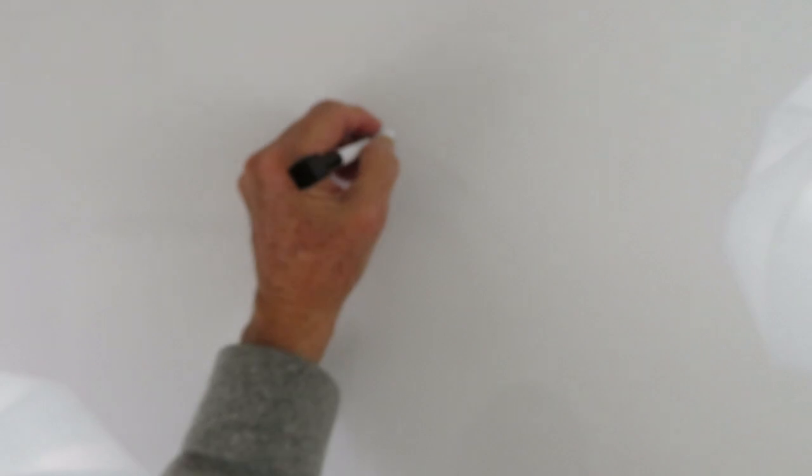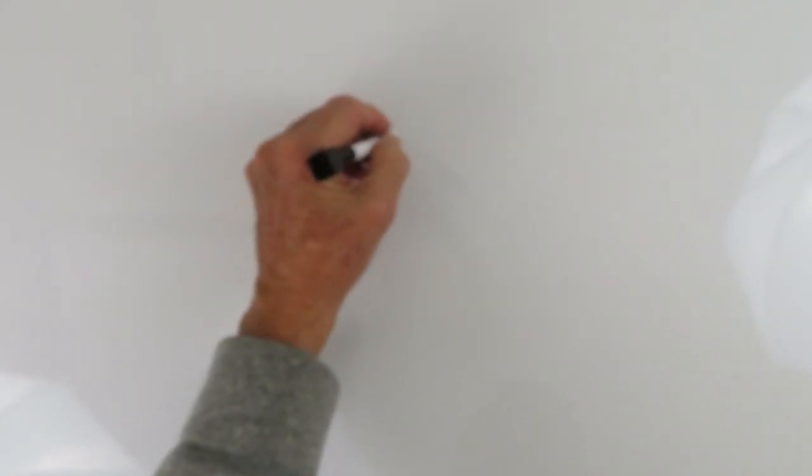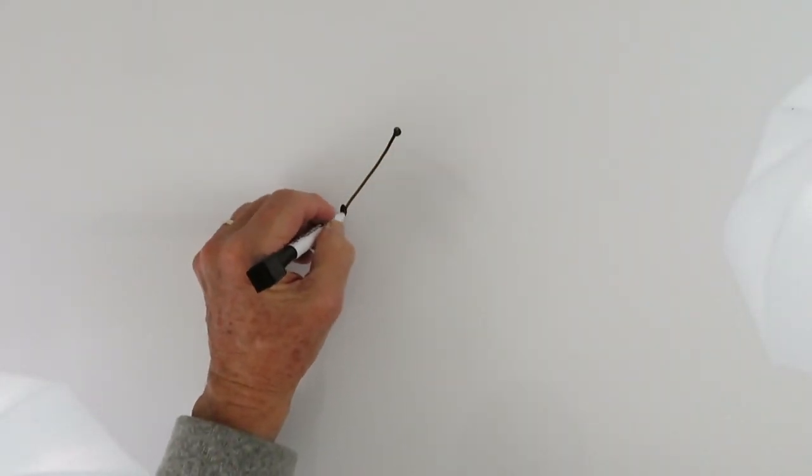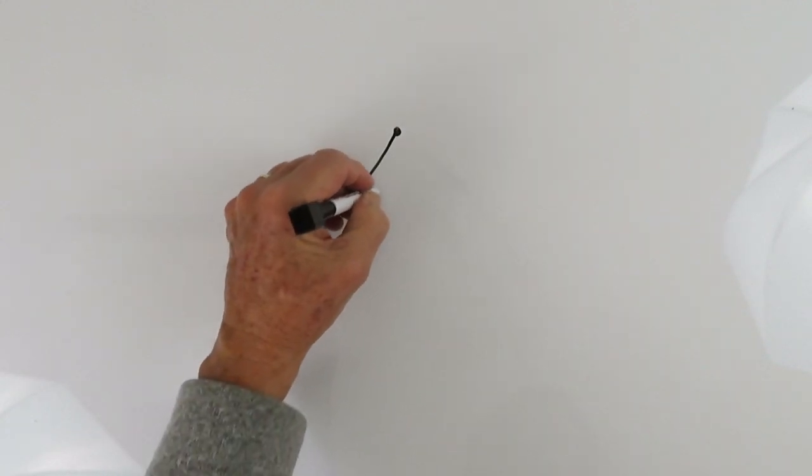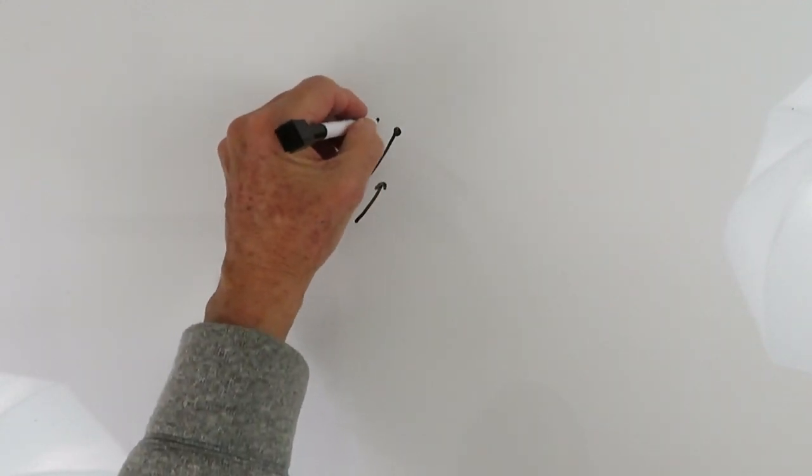If, on the other hand, you have two nodes like this, then you can send a signal in this direction, or you can send a signal in that direction. And that's interesting, but so what? Okay, one could say.